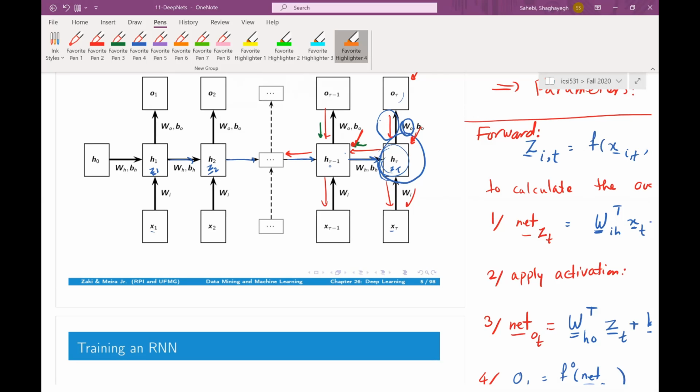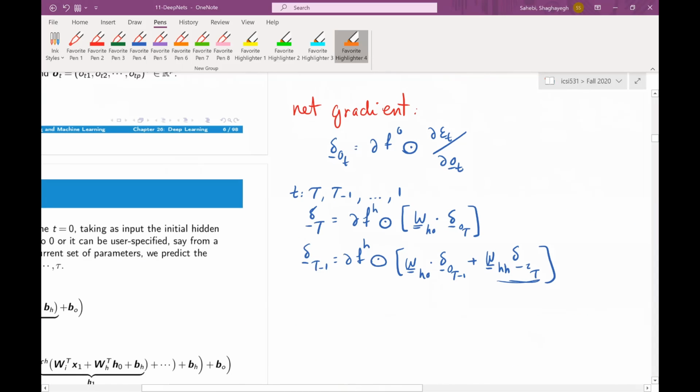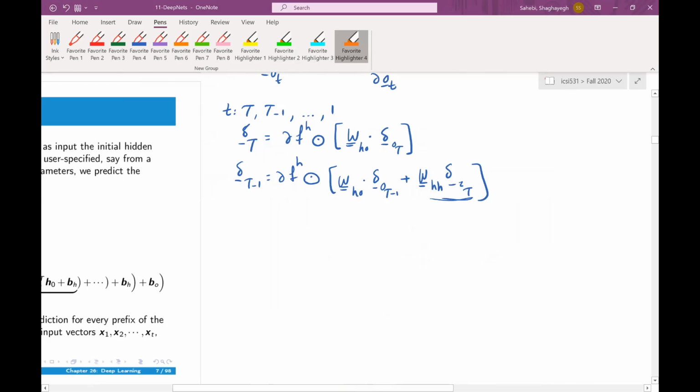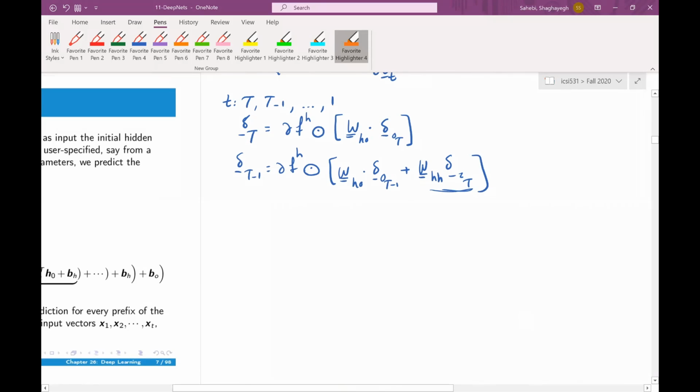So basically what you see here is a weighted sum, a weighted sum from the output layer and the layer Z tau.